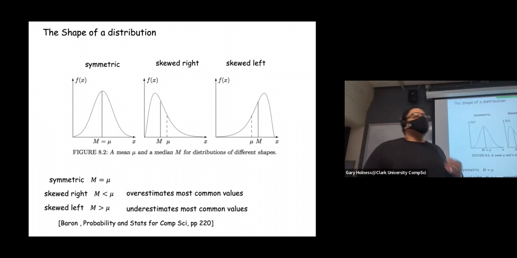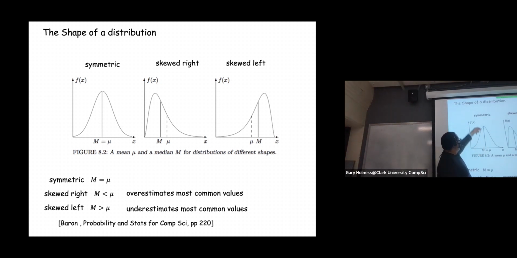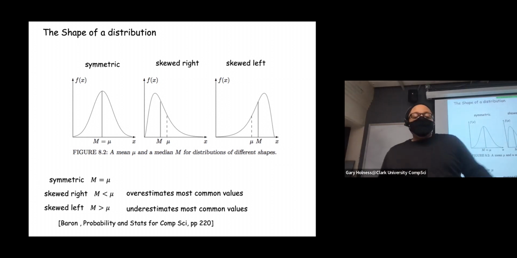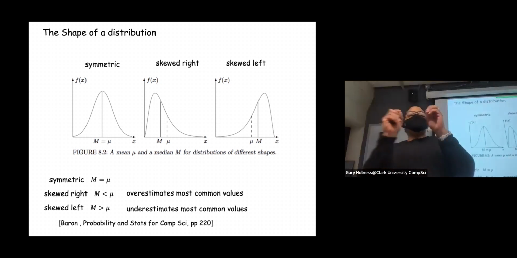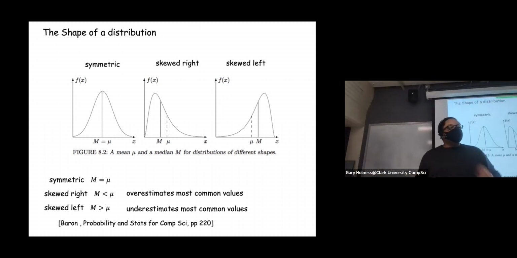And what that symmetric distribution means is that the common values, those values that have the highest probability, the more frequently occurring values, the median estimates it spot on. It's a really good approximation for it.